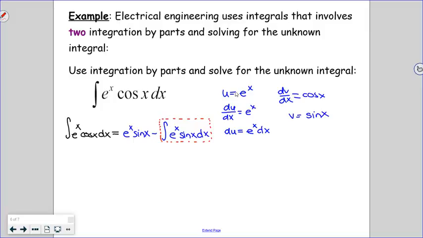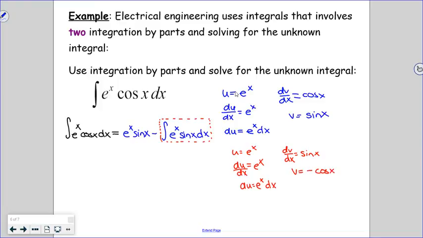We already had this conversation. I'll pick u to be e to the x because of LIPET, which means dv dx equals sine x. And the antiderivative of sine x? Negative cosine x.